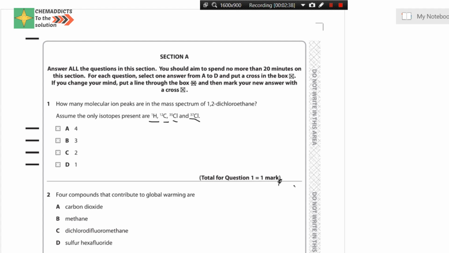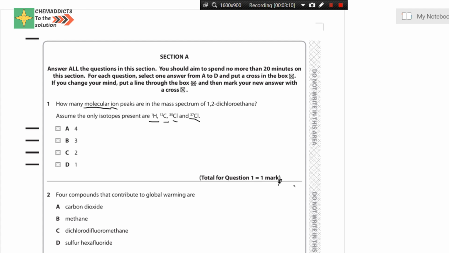So they have asked us to find the expected molecular ion peaks that we would find from this mass spectrum. Before starting, let us know one thing: here they have asked us about the molecular ion peak, not the fragmented ion peak. There is a difference between molecular ion peak and fragmented ion peaks.